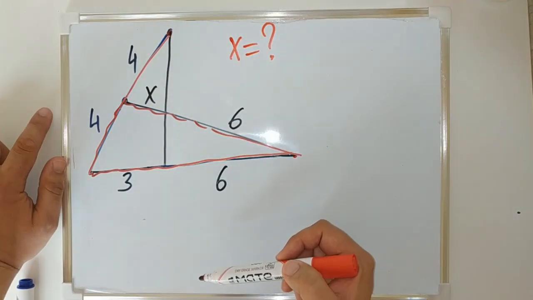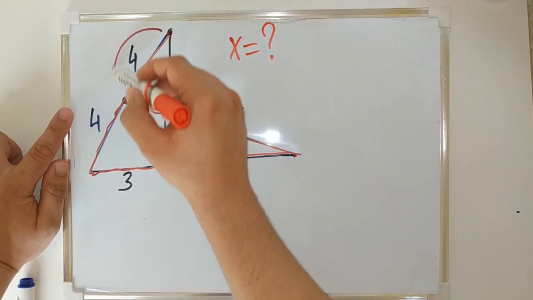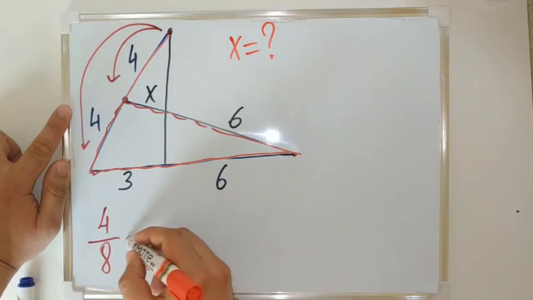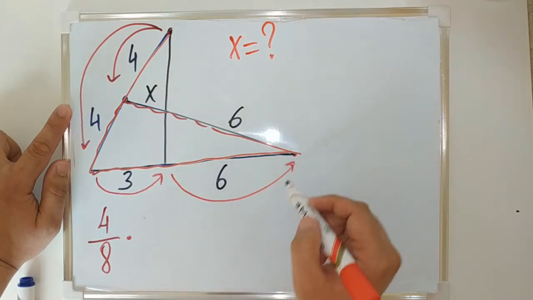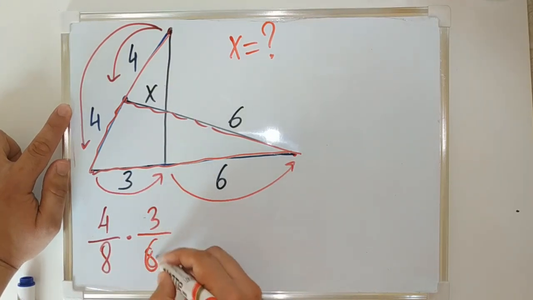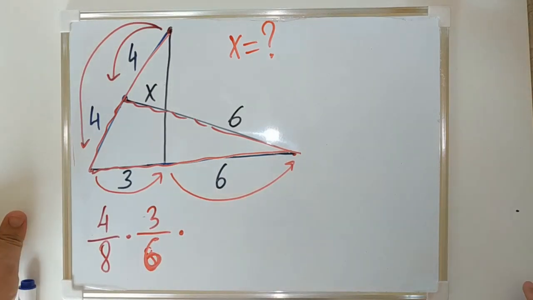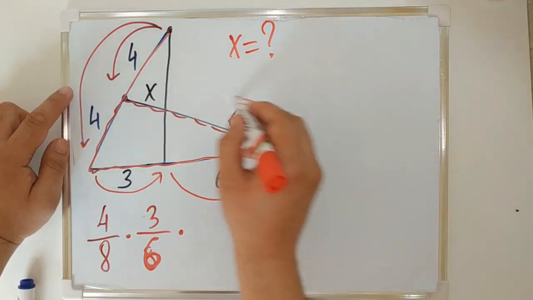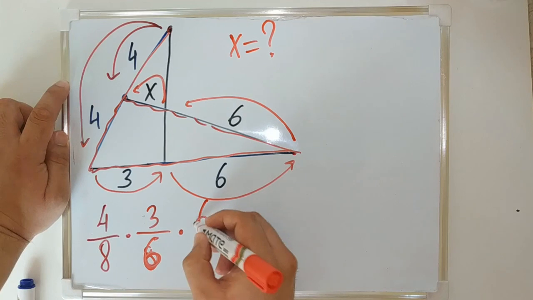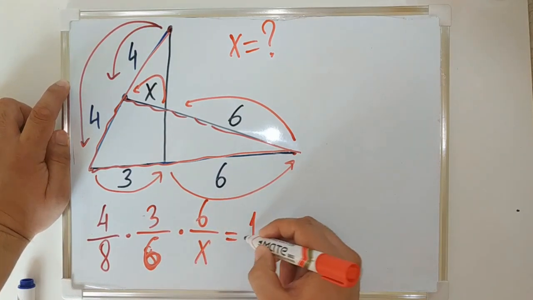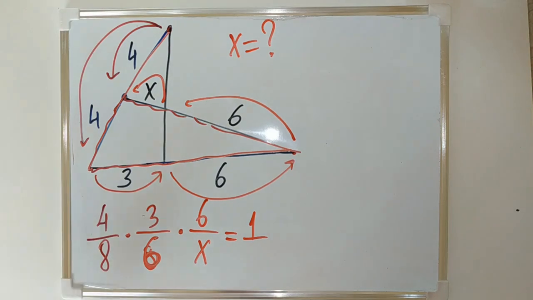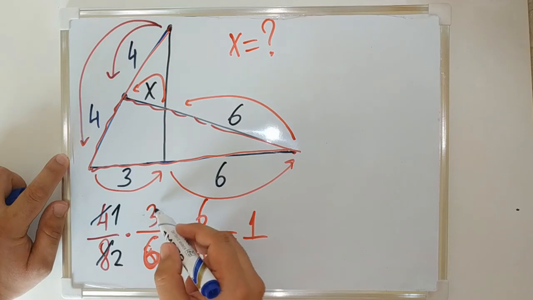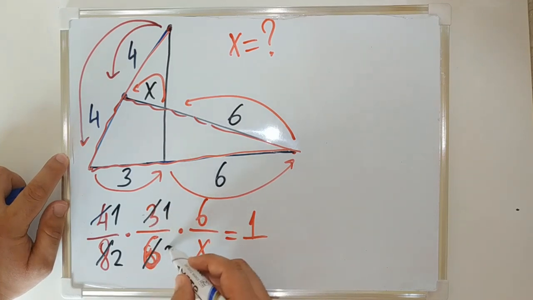Okay, so now I'll do 4 over 8, 3 over 6, 6 over x, and this is equal to 1. 4 over 8 we can simplify to 1 over 2, and 3 over 6 we can simplify to 1 over 2.